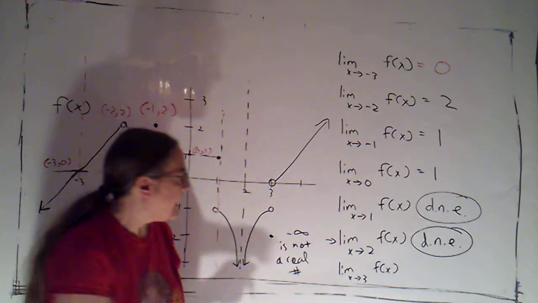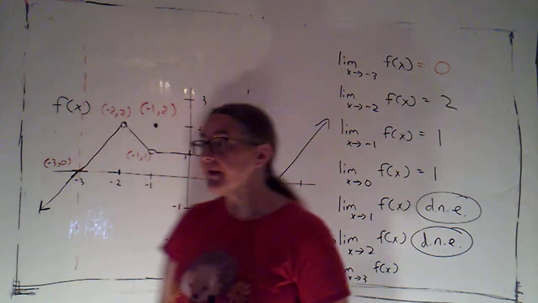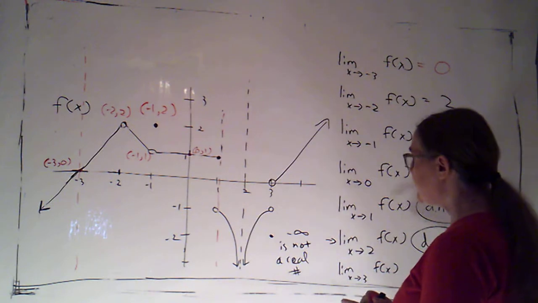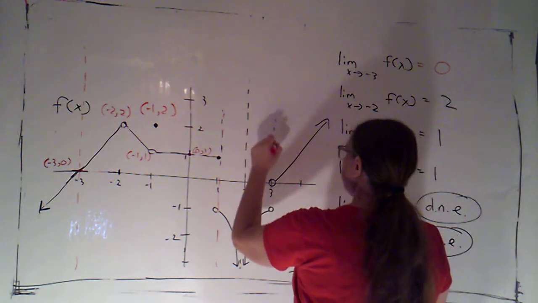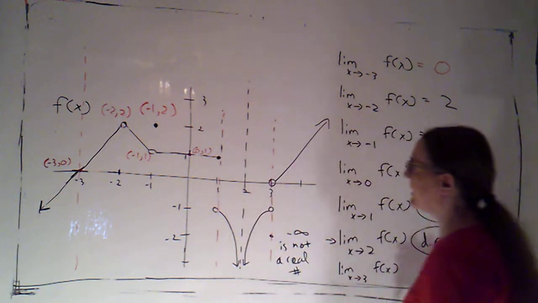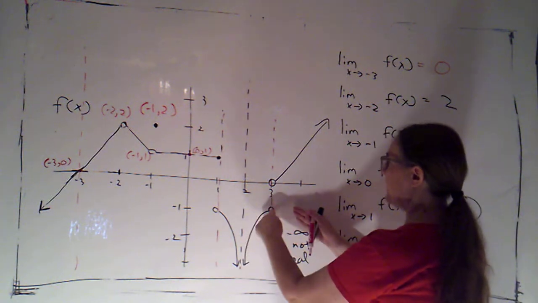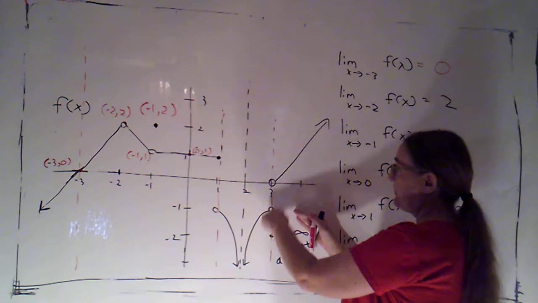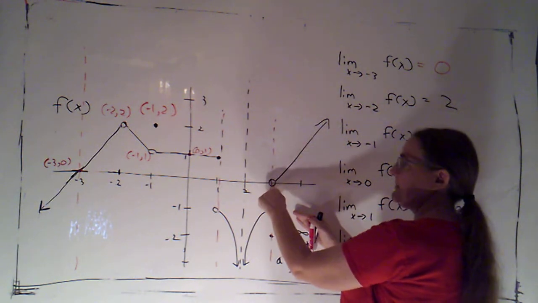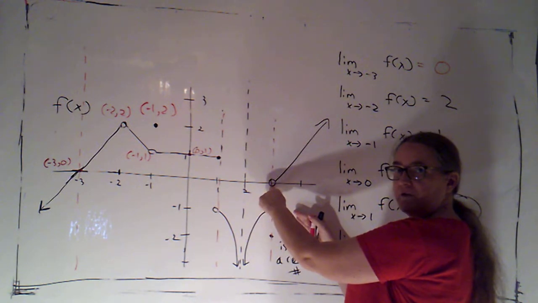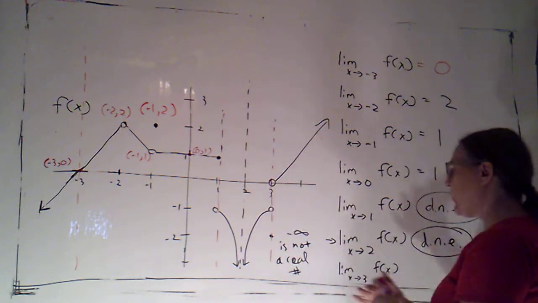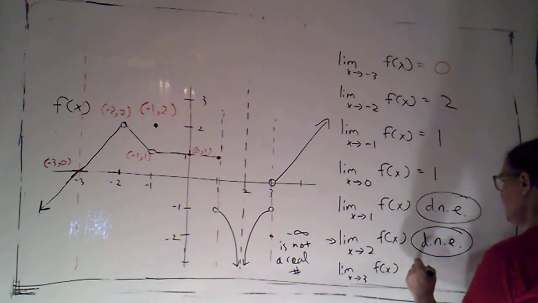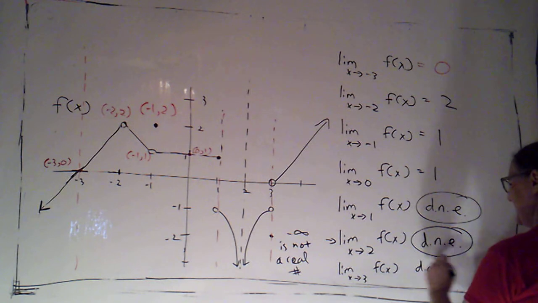Okay. All right, let's take a look at the limit as x approaches 3. So x would be 3 along this grid line here. Coming in from the left, I'm expecting a point with a y value of -1. Coming in from the right, I'm expecting a point with a y value of 0. -1 and 0 are not the same, so I'm going to say does not exist.